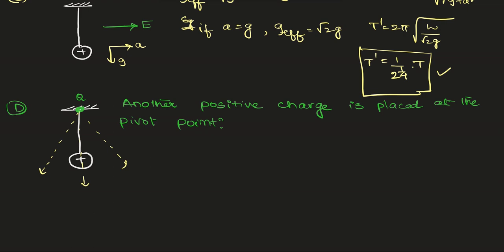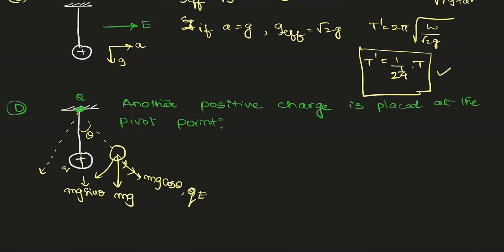So why I am explaining this means, when we are giving a slight displacement, mg will act in downward direction, and mg cos theta will act like this, and mg sin theta will act like this, and now qE also will act along this direction only. qE, where q is charge of this bob, is also acting in this direction only.